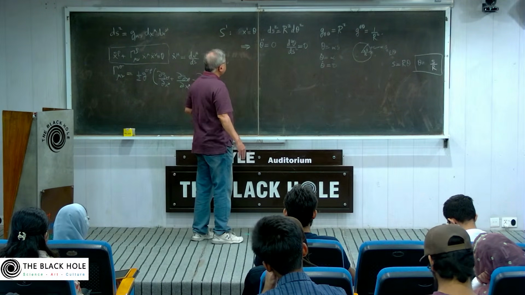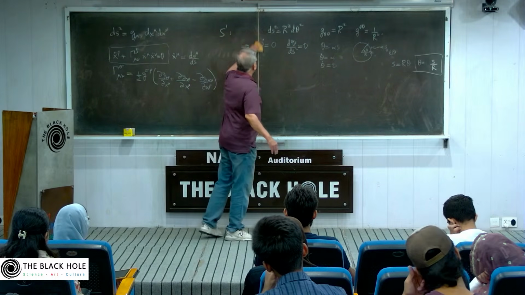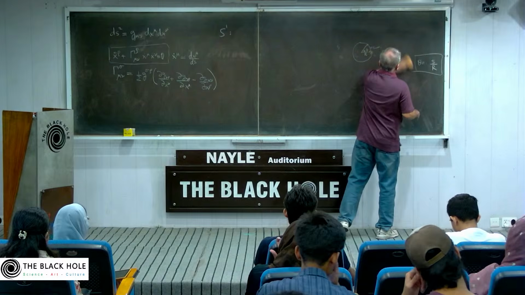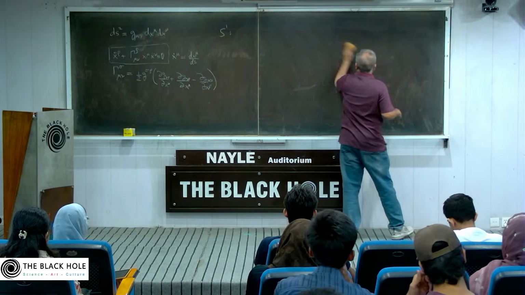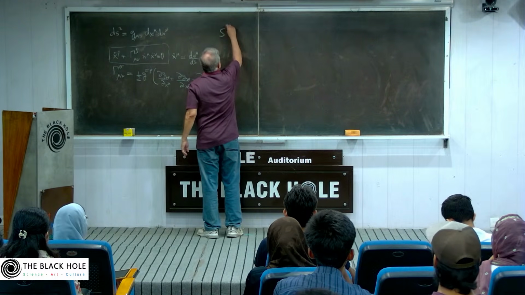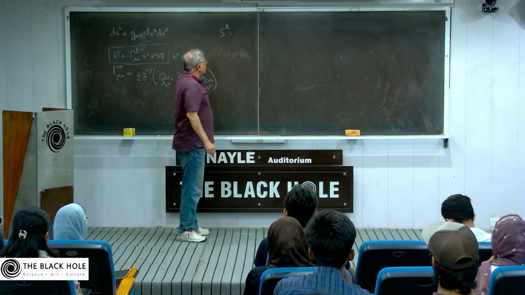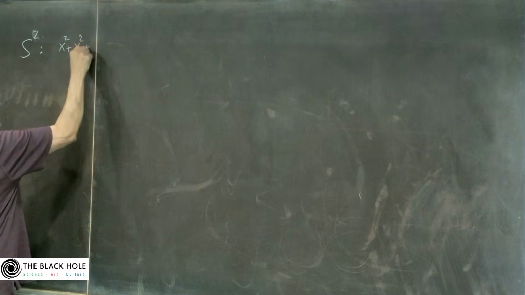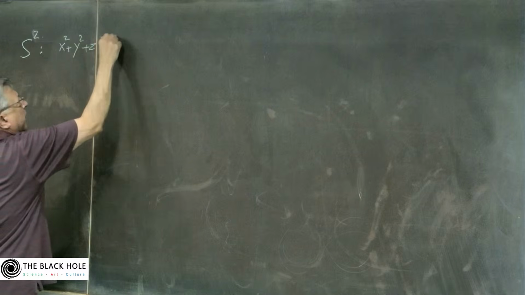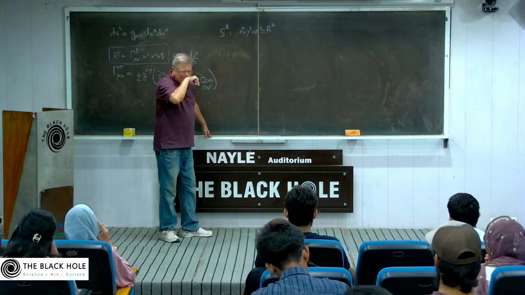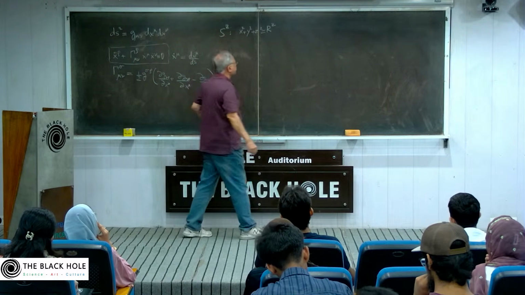Now let's do something less trivial. Let's move to S2. S2 is, of course, x squared plus y squared plus z squared equals r squared, r being the radius of the sphere, which is fixed. And then we go to polar coordinates.